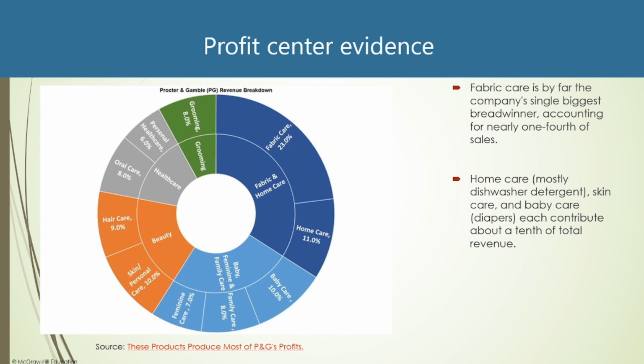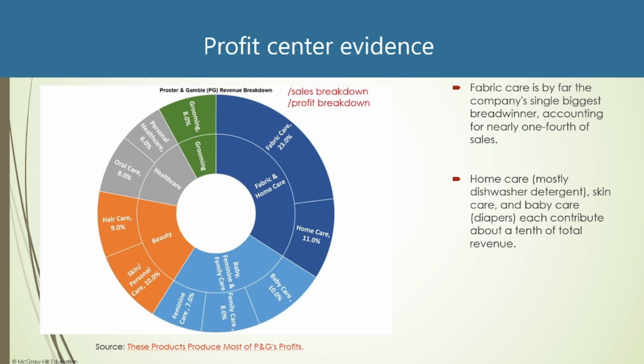In this case, we can see that fabric care is the company's single biggest breadwinner because it accounts for 1/4 of the total sales. And home care, skin care, baby care each contribute about 1/10 of the total revenue. So the second largest contributor of this brand would be home care.